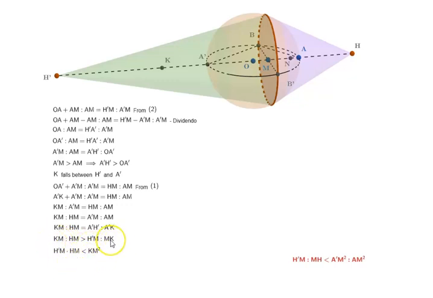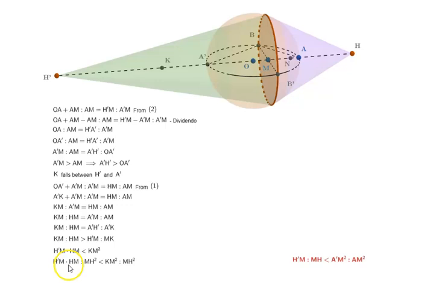Remember, product of extremes and product of means. So first comes the extremes. Now here we have taken the means first, so the sign changes to less than. H prime M times HM is to MH square is less than KM square is to MH square. So what did we do here?